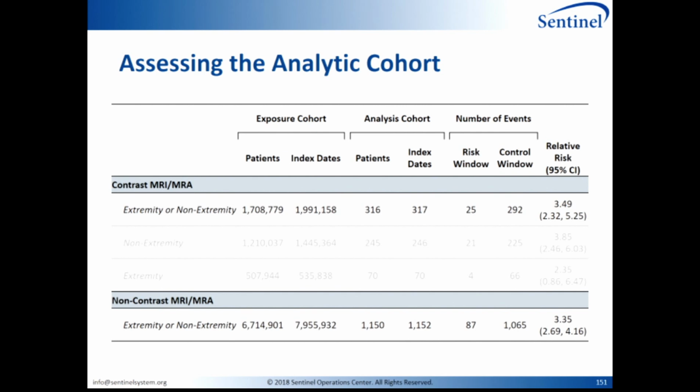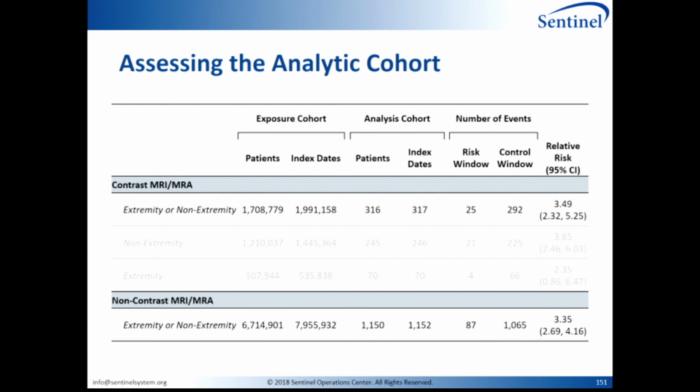And so the number of index dates in this case is substantially larger than the number of patients, which means that everybody who contributed multiple exposures, multiple scans, actually had a contrast MRI or MRA, satisfied all those criteria, was followed for the outcome, and then later on in their life, again, met the criteria for all of the study washouts and lookbacks and contributed again. And so that's a parameter that you can choose using the tool.